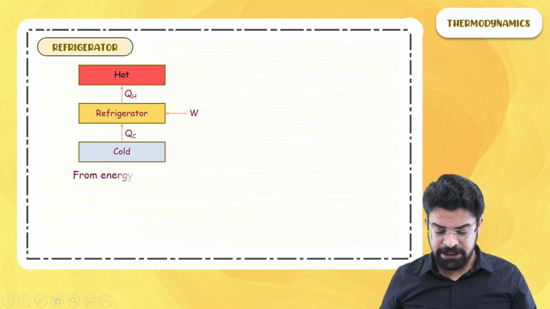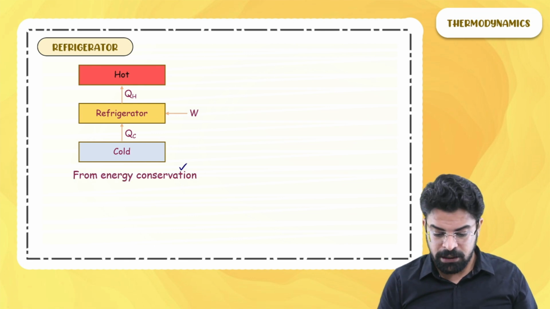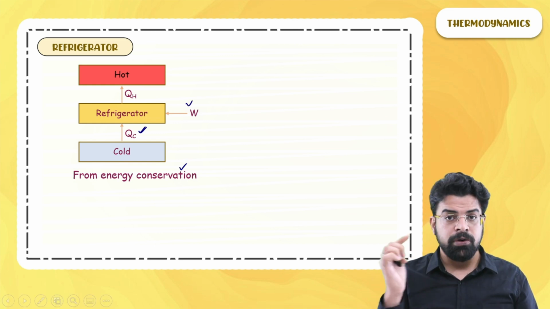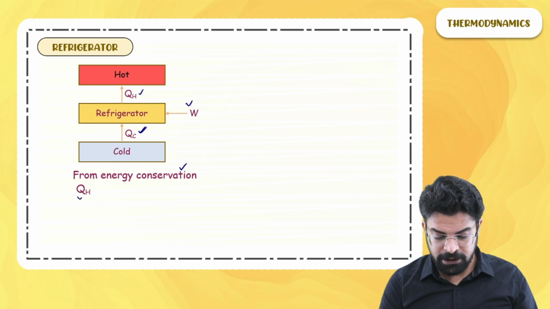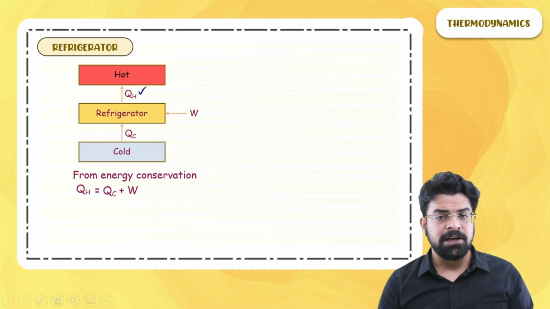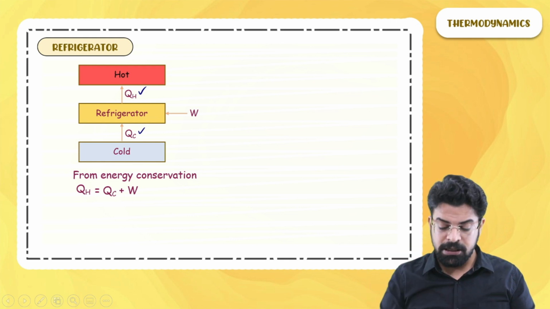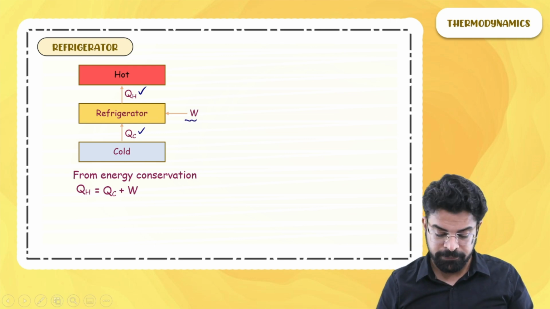Now we say that from principle of conservation of energy, the heat extracted from the cold object plus the work input equals the heat rejected. So we can say QH equals QC plus W. The heat rejected to the hot environment equals the heat extracted from the cold object plus the work that is required to keep running the refrigerator.